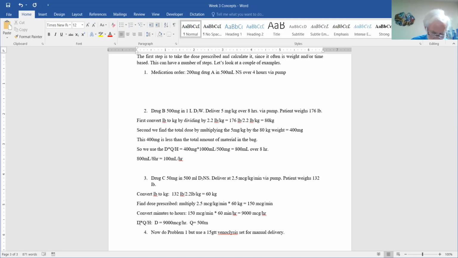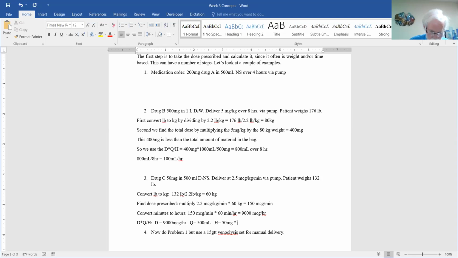We know that because we're told that at the very beginning. Note that I have written this out, okay? And H, the dose on hand, is going to be 50 milligrams. But remember, we cannot have micrograms and milligrams in the same problem. So it would be 500 micrograms. Actually, it's going to be 50,000. Right. That's right.